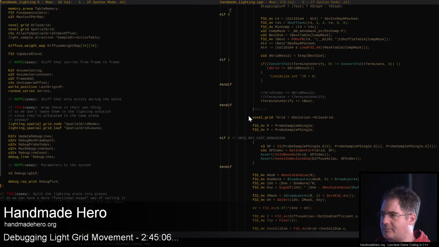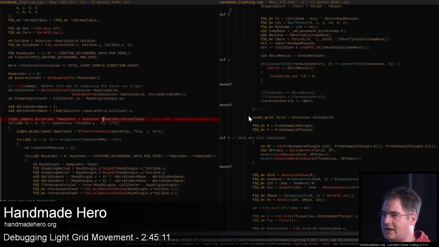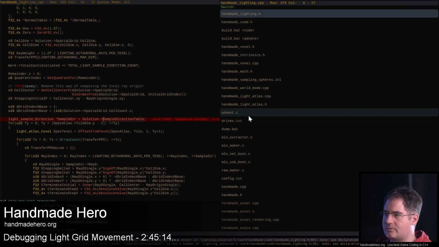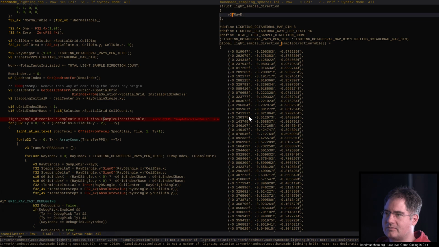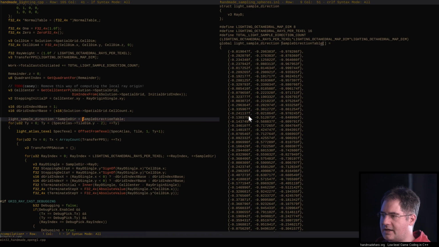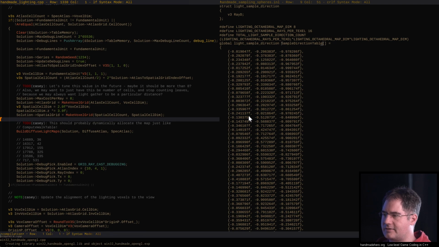We should also just get rid of the sample direction table thing and use the actual baked one. So in the INL, this sample direction table is now just a v3, right? It doesn't have any other intervening data. So the sample direction table now is just a static piece of data. We don't allocate anything to store it or any of that sort of nonsense. So I think that's the end of that.